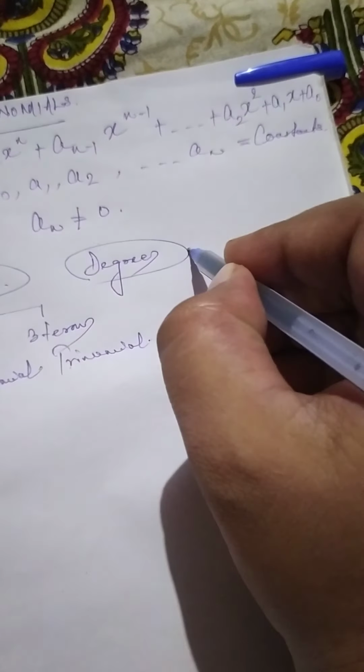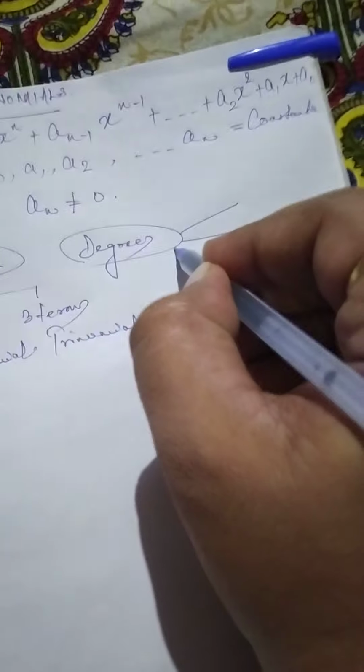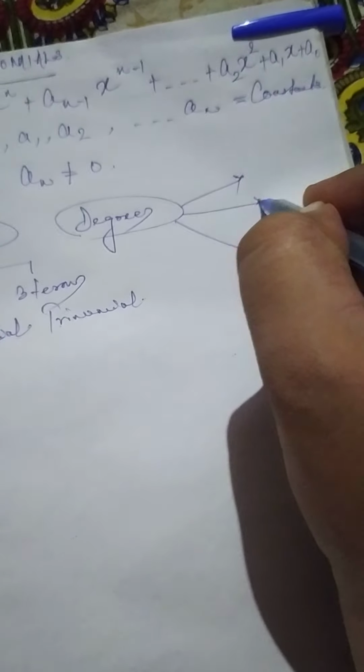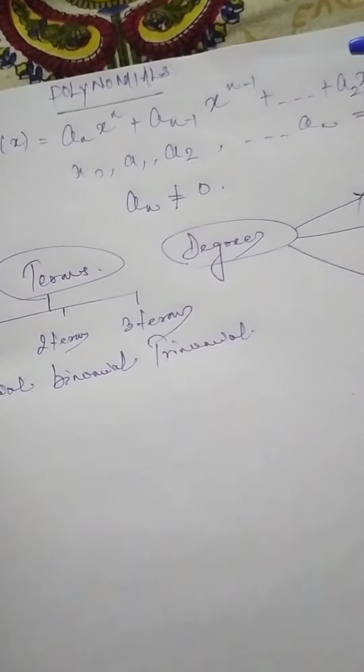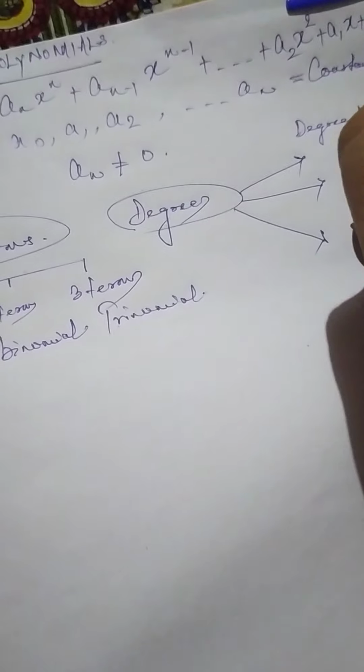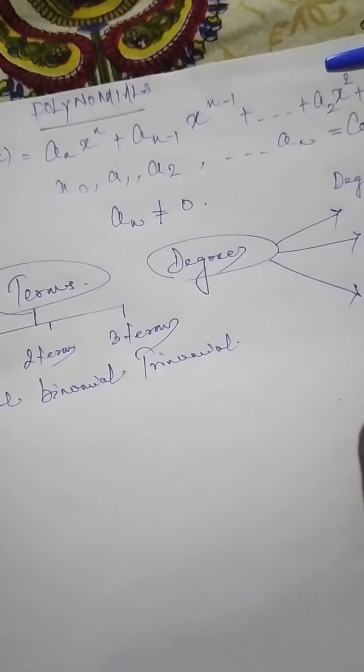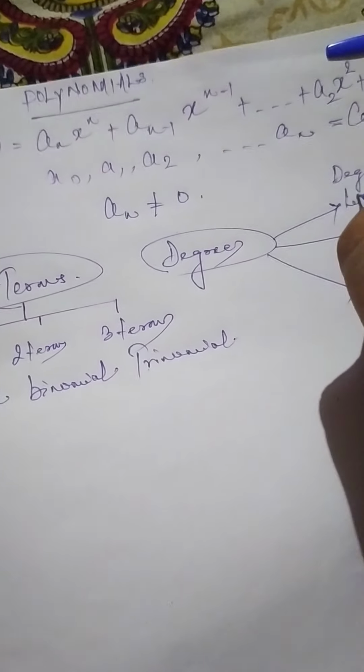Secondly, if we talk about degrees, degree also plays a vital role in polynomials. If the degree is 1, then we may say it is a linear polynomial.